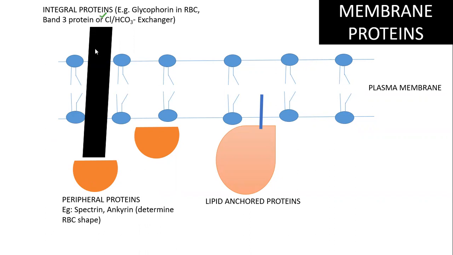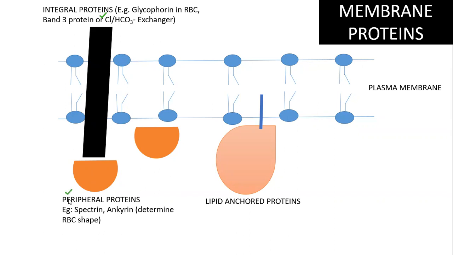Integral proteins are deeply inserted into the lipid bilayer, so a mild detergent does not remove these proteins from the lipid bilayer. These are proteins which are inserted across the lipid bilayer. Some examples are band 3 protein, which is basically a chloride bicarbonate exchanger, or glycophorin in RBC. These are the integral proteins.